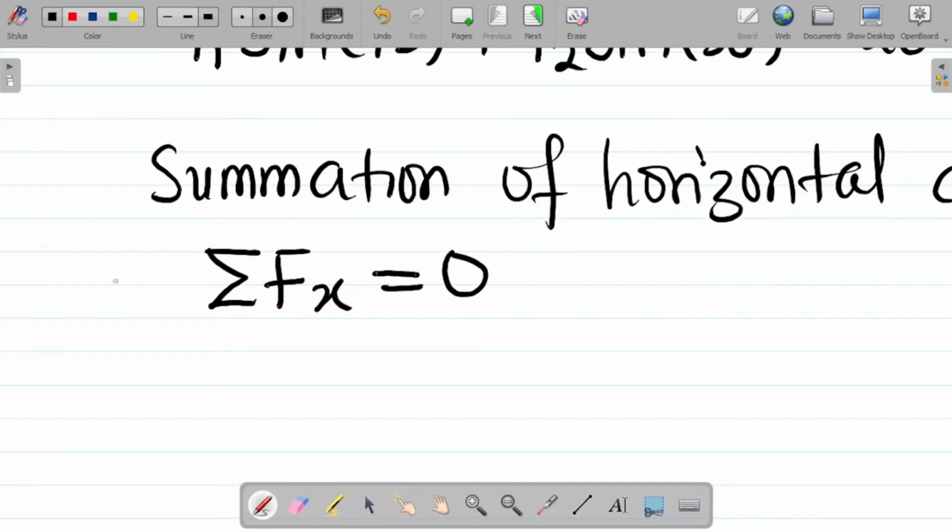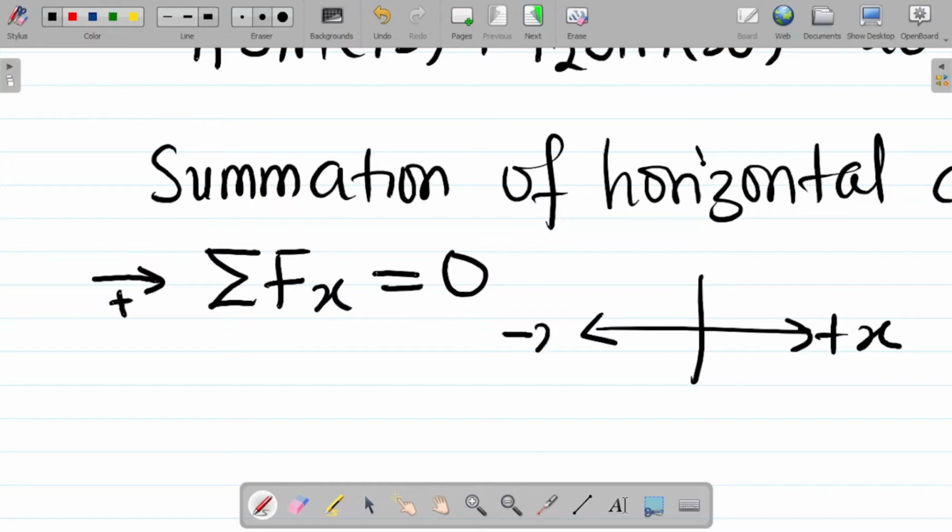I'll be saying all the forces going towards my right should be positive, because I have positive x going towards the right, and the ones going towards the left become negative x. That's the concept behind this.